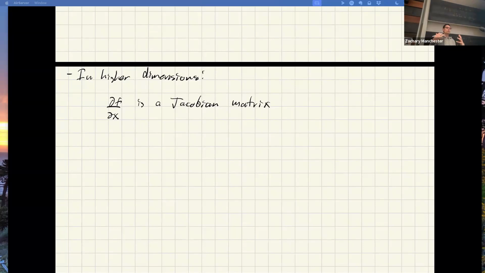And the rigorous argument for why this is the case is that any square matrix, like this df/dx, is diagonalizable. If it's x dot equals f of x, x dot and x are the same dimension, so df/dx is a square matrix. I can always do an eigen decomposition, and that means I've got an orthogonal matrix, a diagonal matrix of eigenvalues, and an orthogonal matrix.